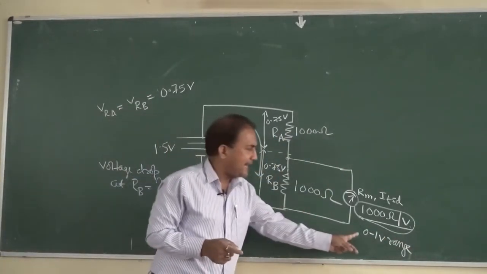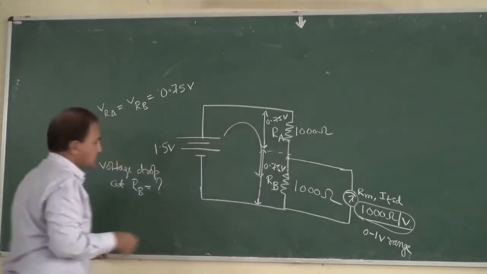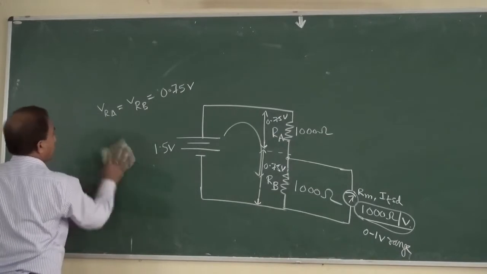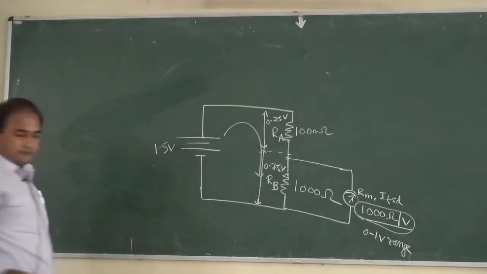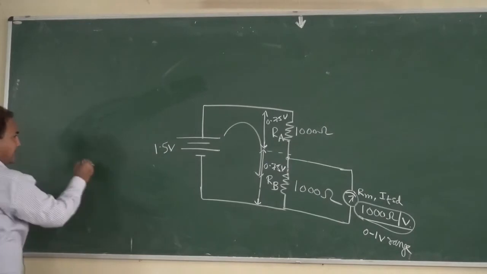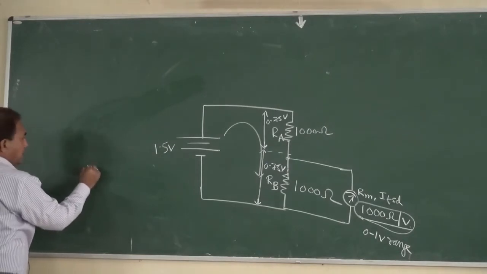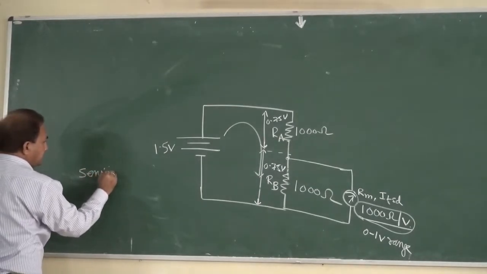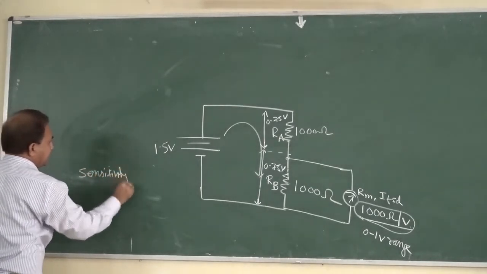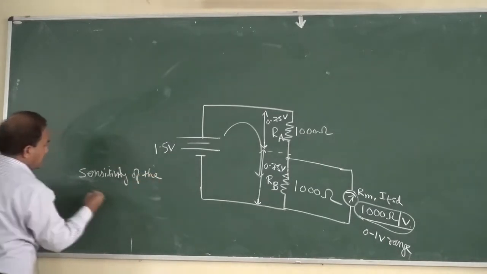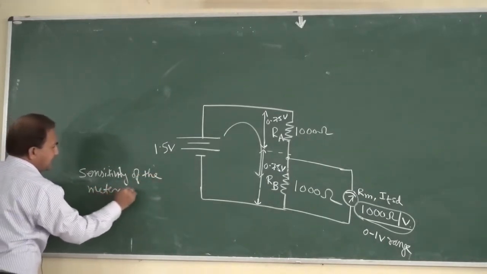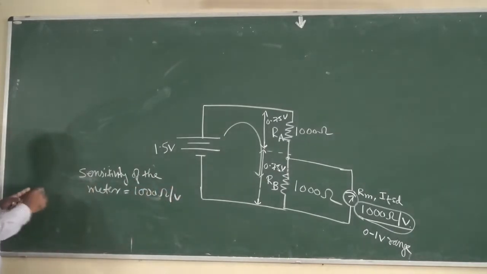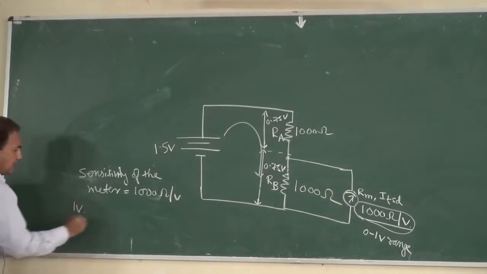Remember, the knob is set at the 1 volt range.